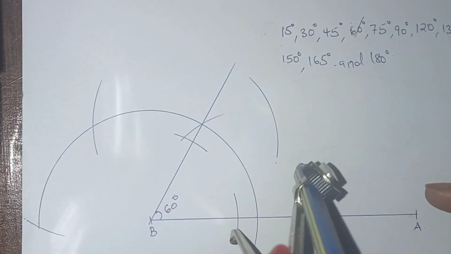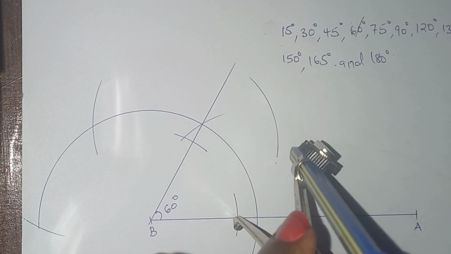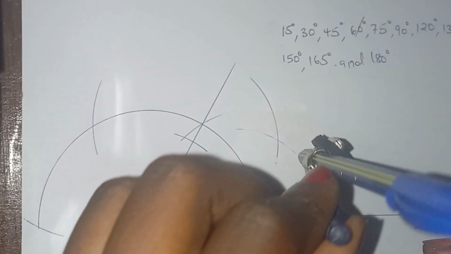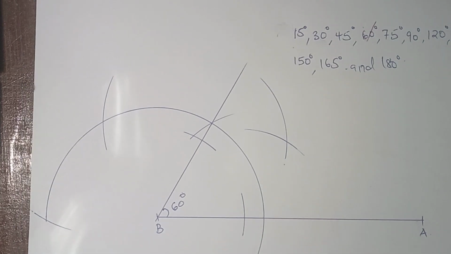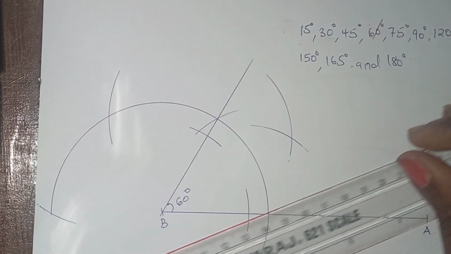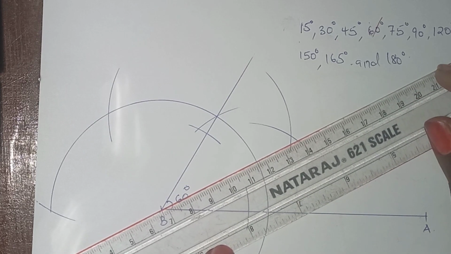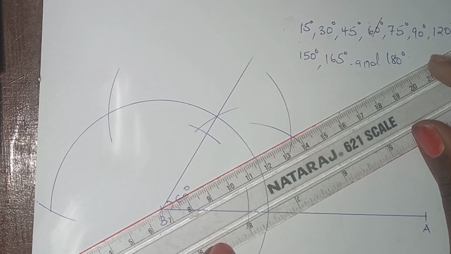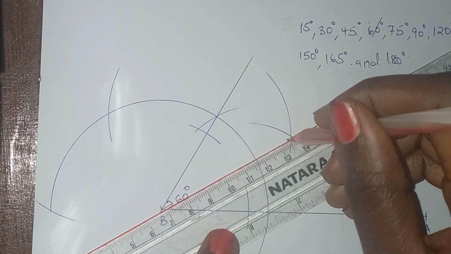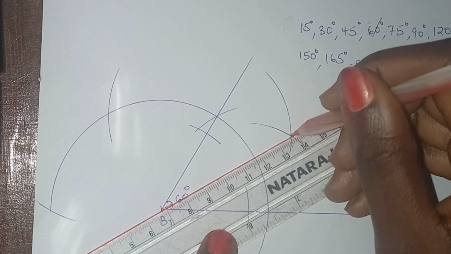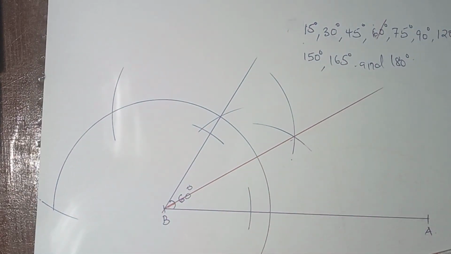Put another arc, and on this opposite one put another arc. Make a line from point B to meet where these two arcs met, like that. That way you will have bisected this angle.